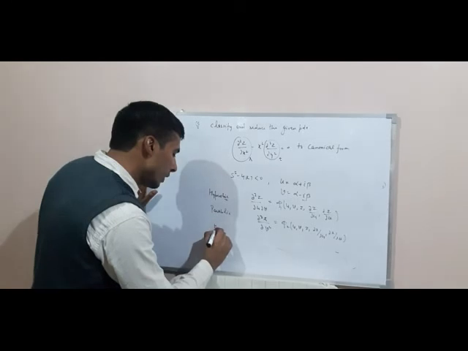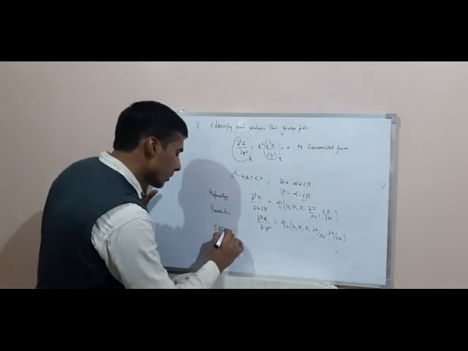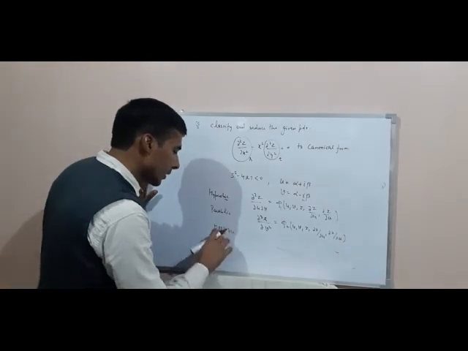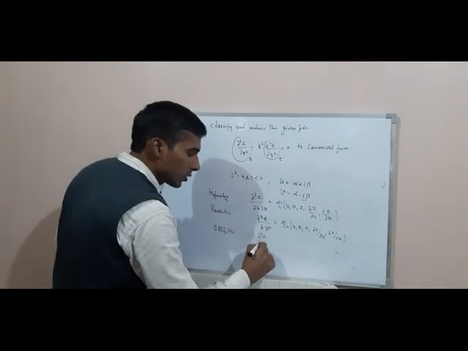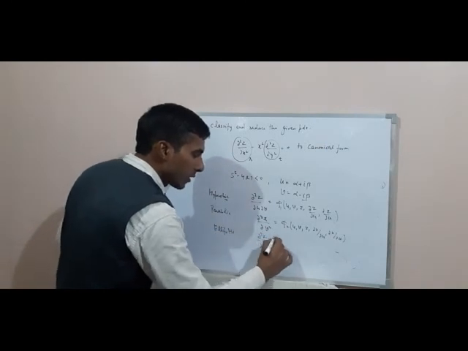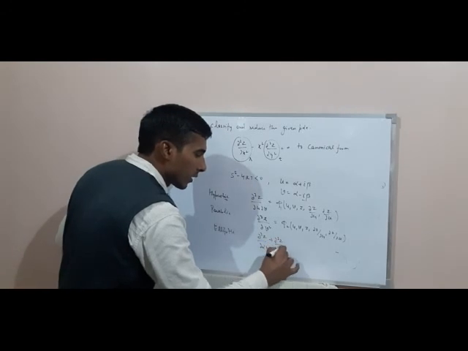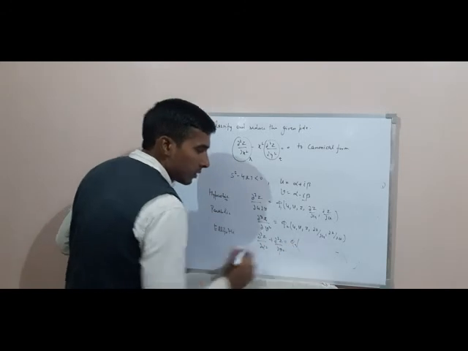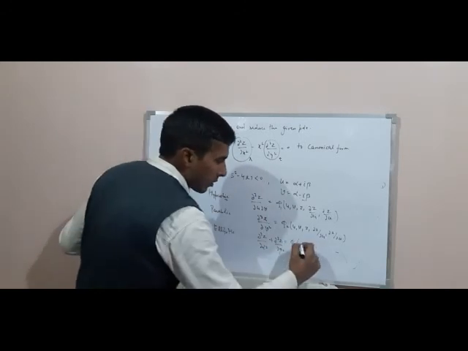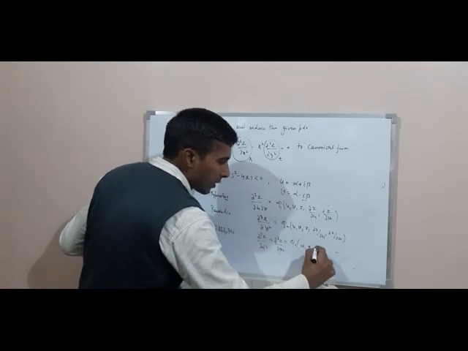And in case of elliptic, the equation can be reduced into ∂²z/∂alpha² plus ∂²z/∂beta² equal to some function phi 3 of alpha, beta, z.